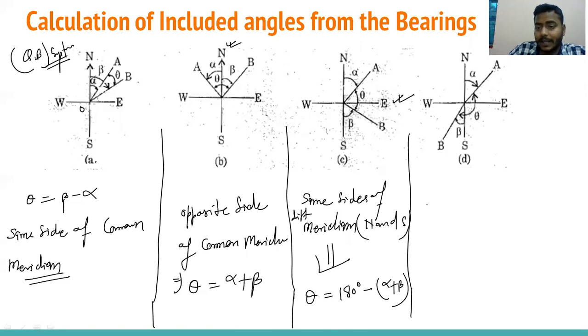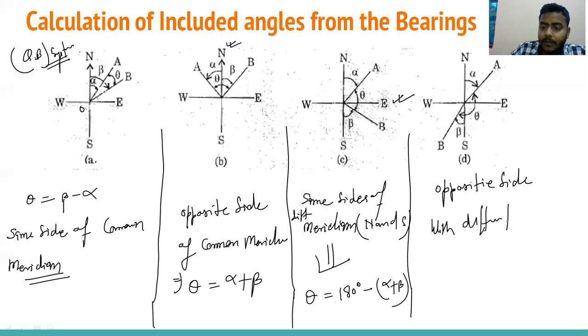Now the fourth case: when the bearings are measured on the opposite side with different meridians. Because north, south are different meridians, and east and west are opposite sides.